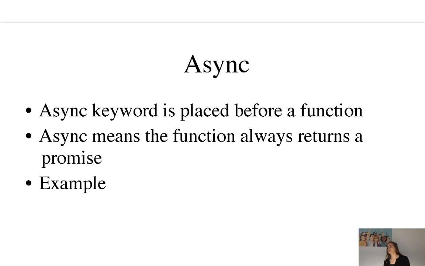Async is a keyword that's placed in front of a function to let JavaScript or the program know that the function is going to be dealing with asynchronous operations. And any async function returns a promise. So even if your function doesn't return a promise, it will wrap it in a promise. So I'll give you an example.